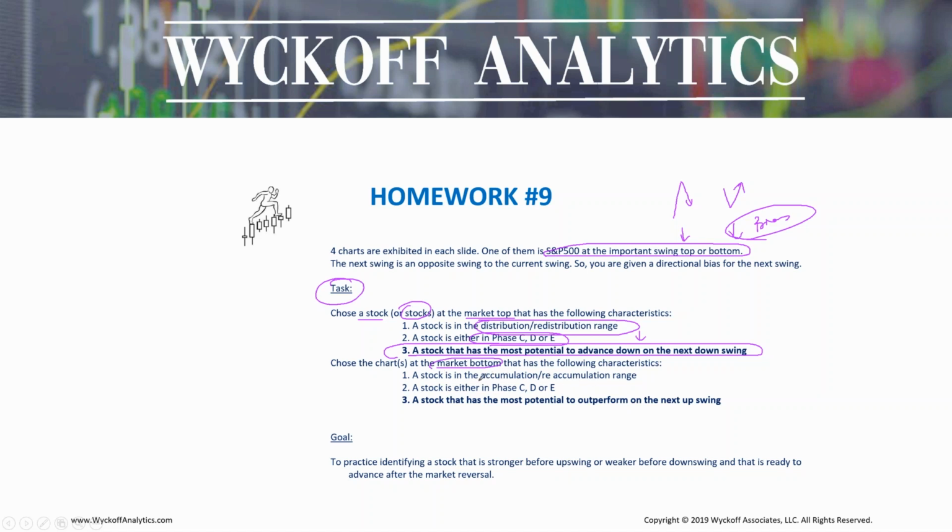You want to define the stocks that are going to be in the accumulation or reaccumulation range, that will be in phases C, D, and E, and their comparative analysis suggests that they're going to outperform the next move up when the market resumes its swing. That's the whole task. Let's look at this.